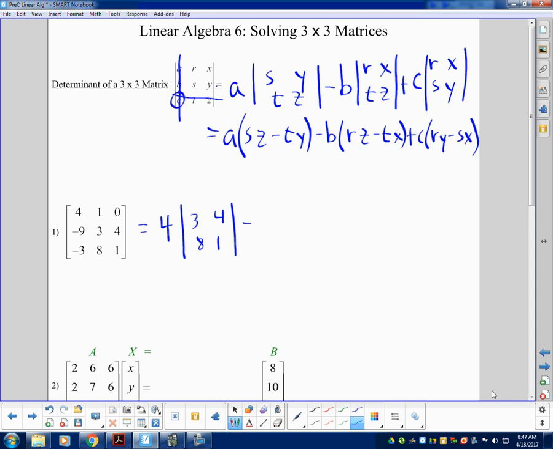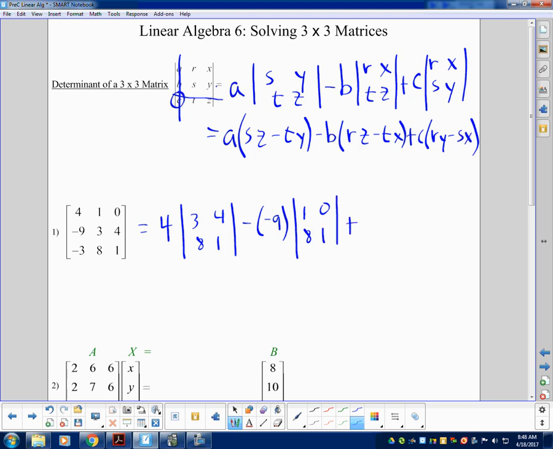It's negative. And then what's the next term, moving down the column? We'll just write it out as negative, negative 9. And then the determinant that's left over, when I cross out the row and column that negative 9 is in? 1, 0, 8, 1, yeah.